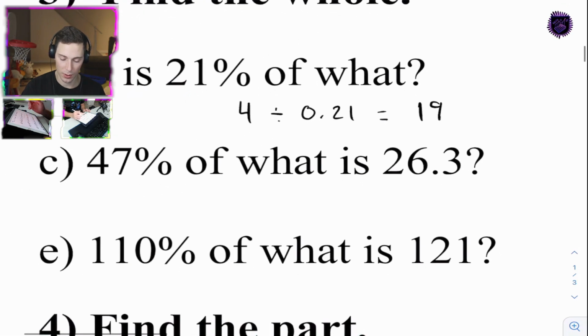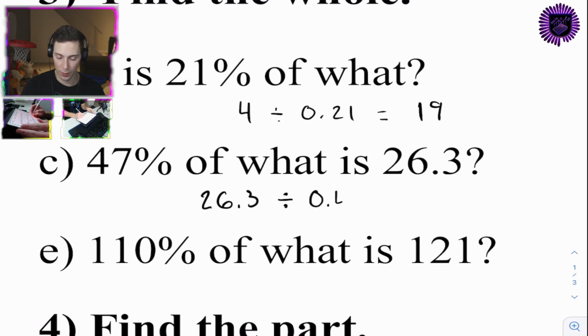3c. 47% of what is 26.3? So we'll go 26.3 divided by 0.47, right? 47 divided by 100, turn it into a decimal.